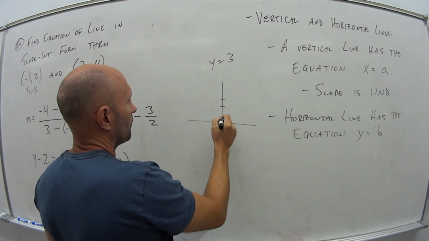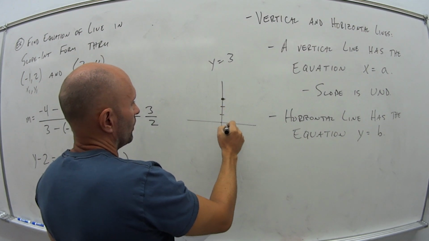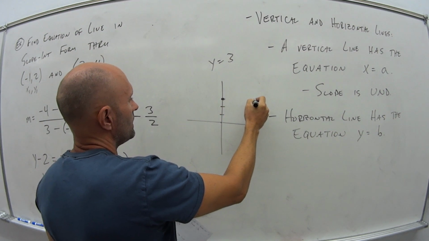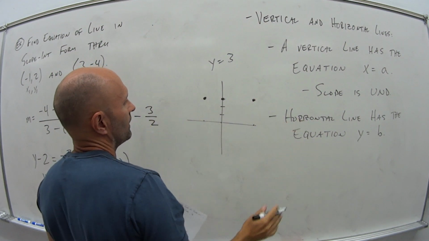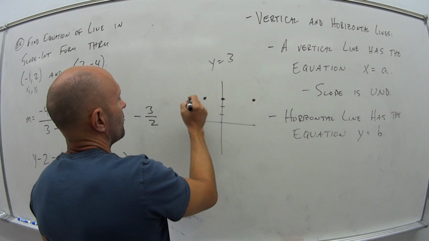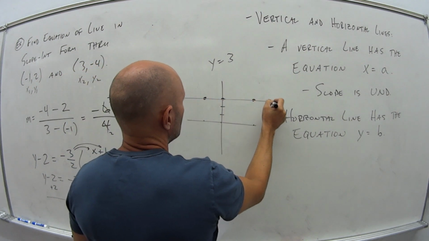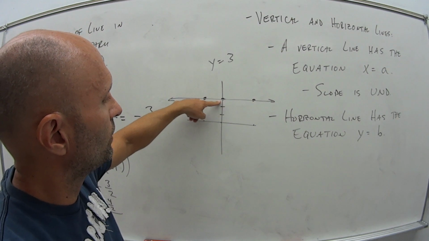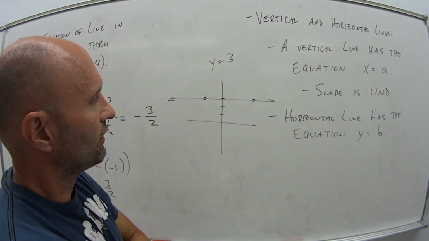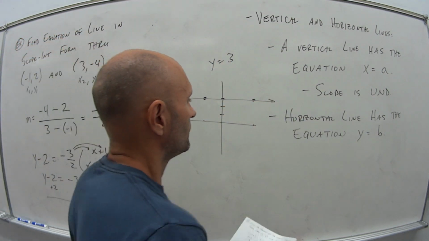So when x is 0, y is 3. When x is 10, y is 3. When x is -4, y is 3. No matter what value I pick for x, y is always 3, which gives me this horizontal line going through the point 0, 3, or 0, b, whatever my value of b might be.